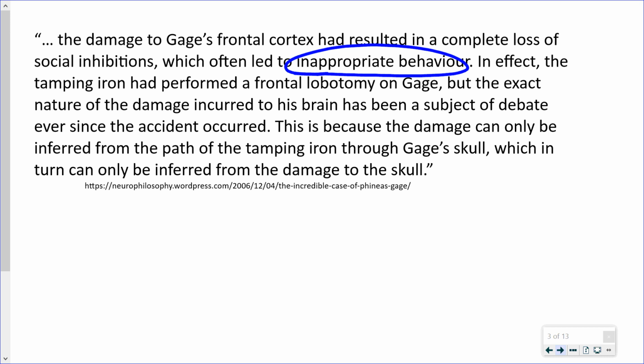Pretty much everything else was intact. His hearing was fine, his visual system was fine, his motor control was fine, and sensory perception was all fine, but his personality had changed. So if the frontal lobe was in fact what was damaged, and it certainly looked like that from the injury in the skull, then the frontal lobe has something to do with personality.